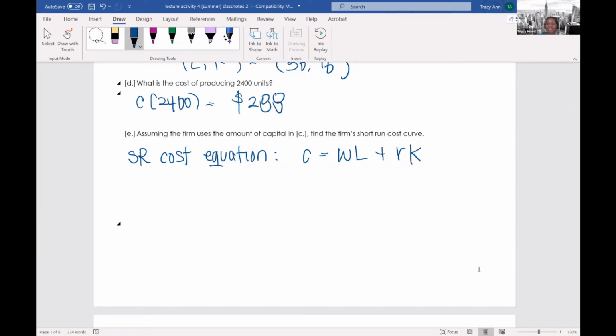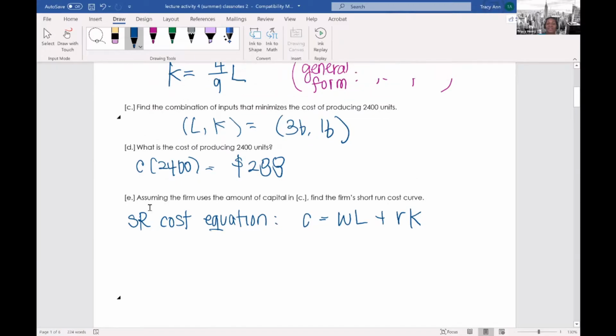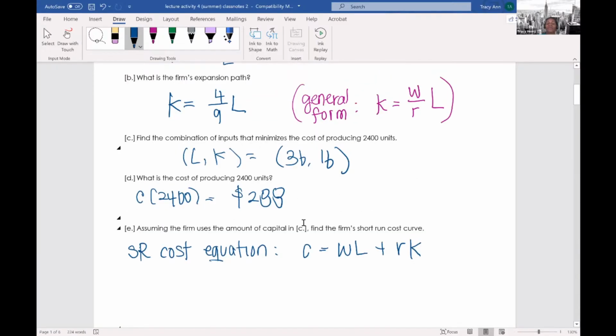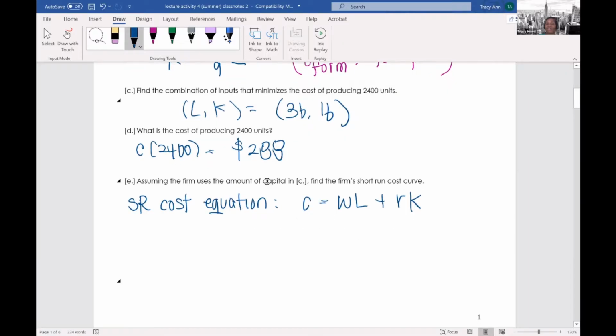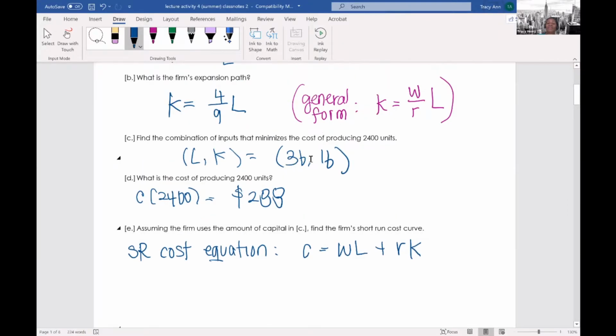Here, I used the cost equation to figure out the cost of producing 2,400 units, because I figured out the cost minimizing combination to produce 2,400 units is 36 labor and 16 capital. Of course, there are other combinations that will produce 2,400 units, but those are more expensive than the combination of 36 and 16.